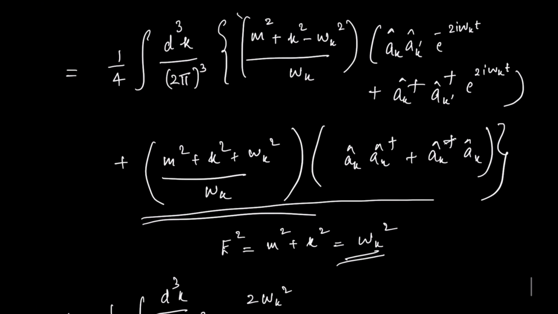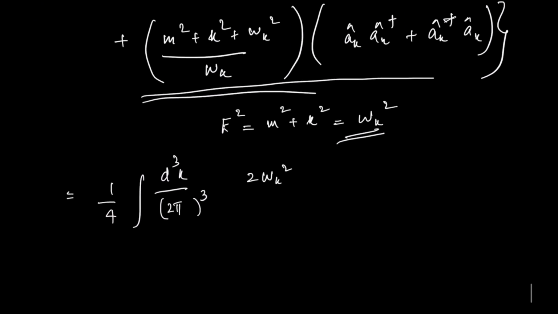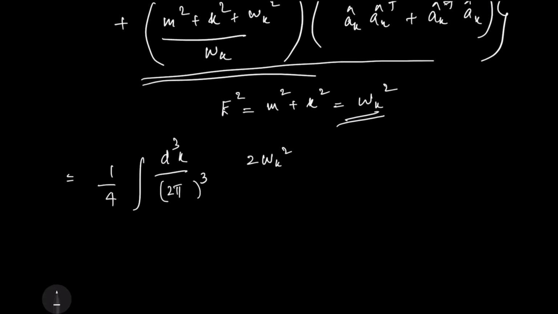And similarly here I can substitute m square plus k square as omega square. So omega k square plus omega k square will be 2 omega k square, so 2 omega k square by omega k.